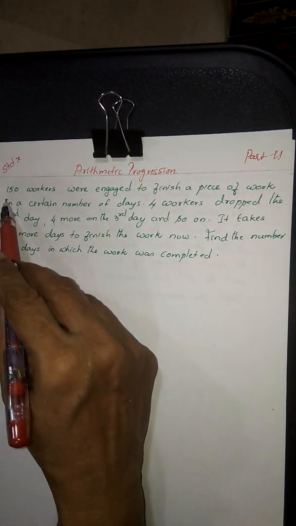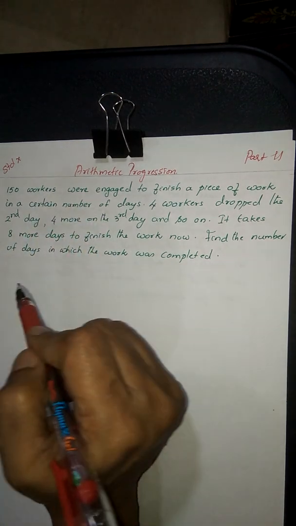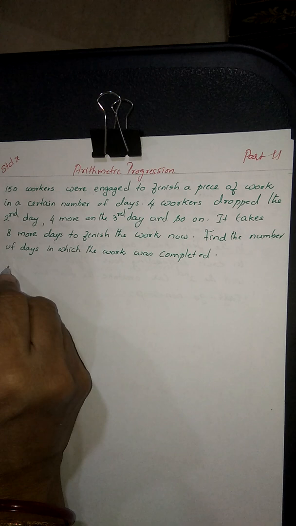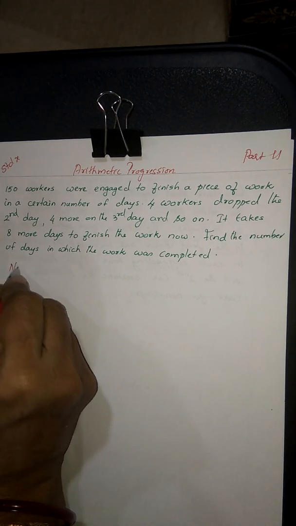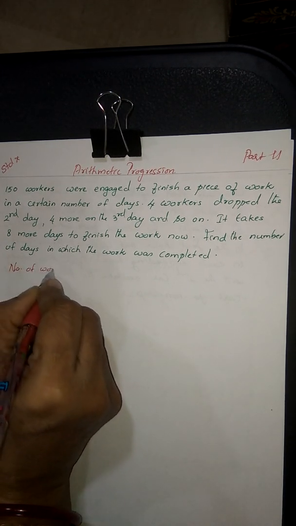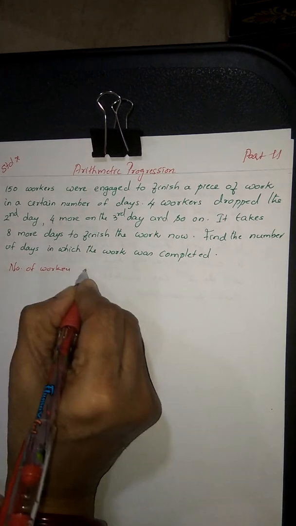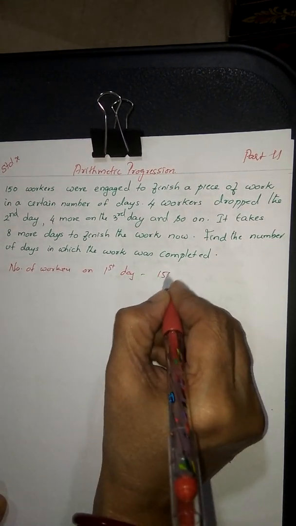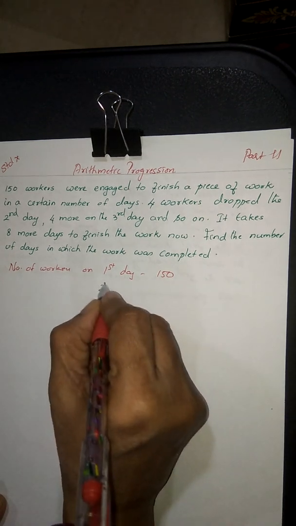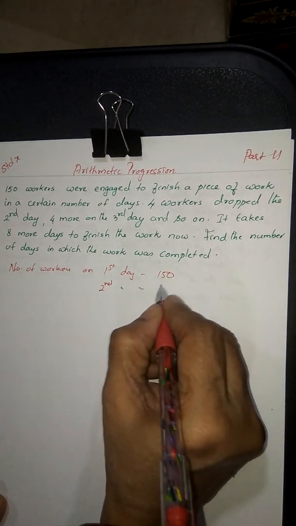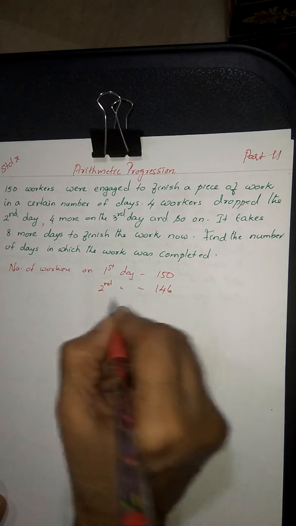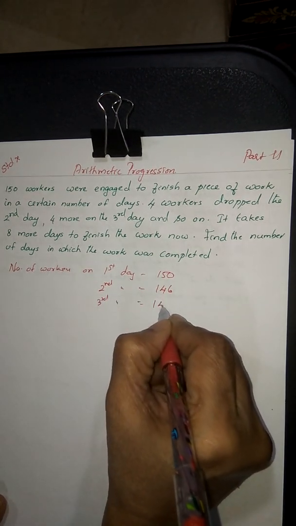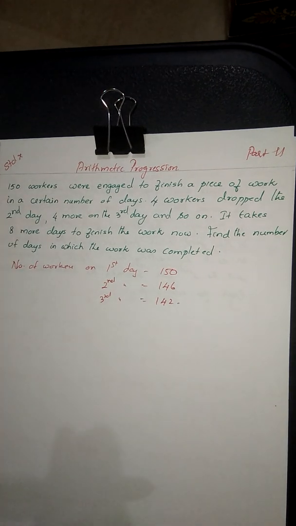So the second day it was only 146, the third day it was 142, and so on. So the number of workers on the first day was 150, the second day 146, and the third day 142, and so on.